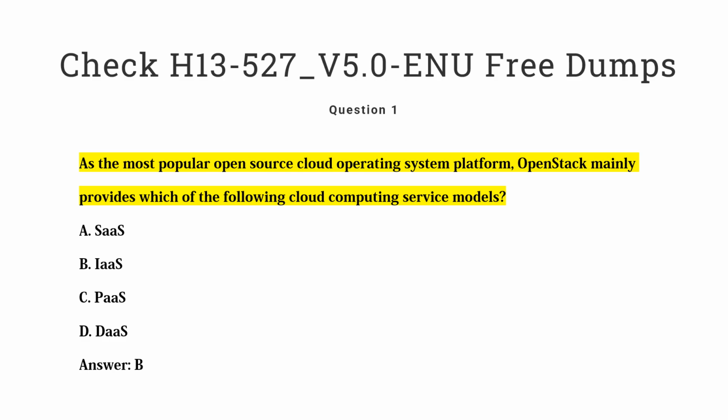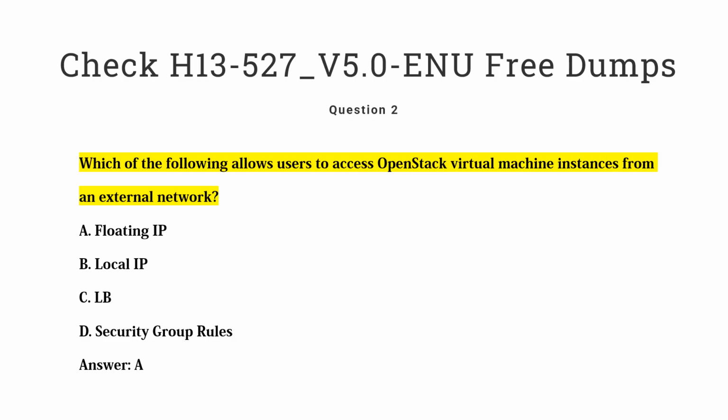Answer: B. 2. Which of the following allows users to access OpenStack virtual machine instances from an external network? A. Floating IP. B. Local IP. C. CLB. D. Security group rules.